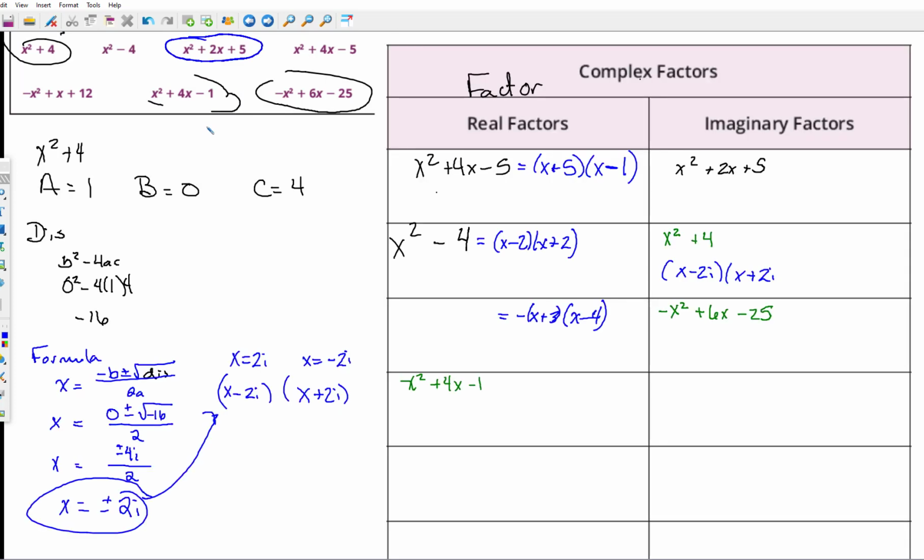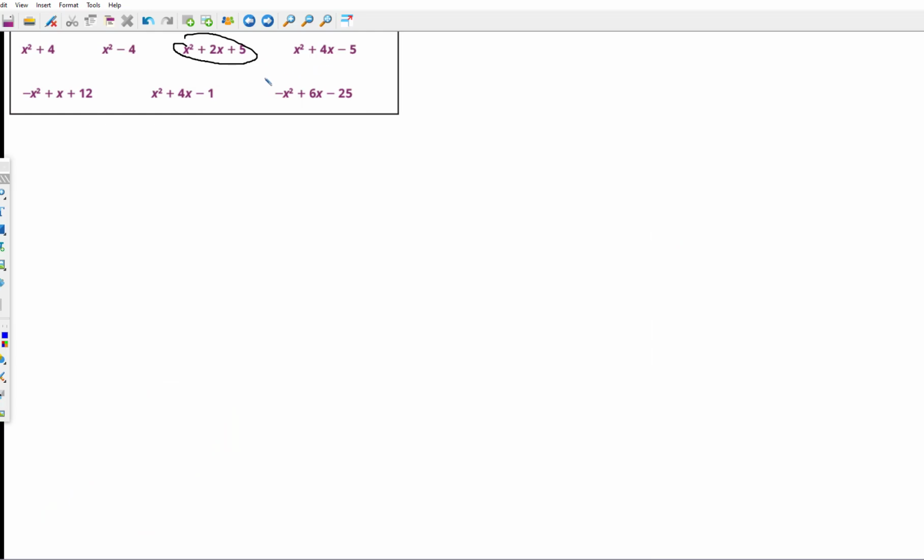And so the next one we have is that x squared plus 2x plus 5. And so our a is equal to 1, b equals 2, and c equals 5. And so we're going to go into our quadratic formula and first go into our discriminant.